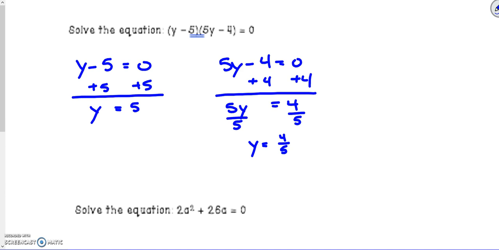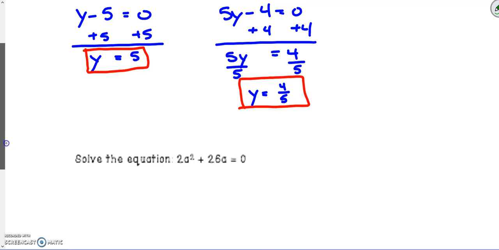I would just write it as 4/5 because that's one less thing that you have to worry about doing. All right, so the two solutions are going to be y equals 5 and y equals 4/5.